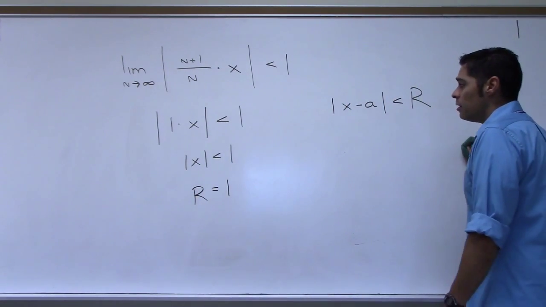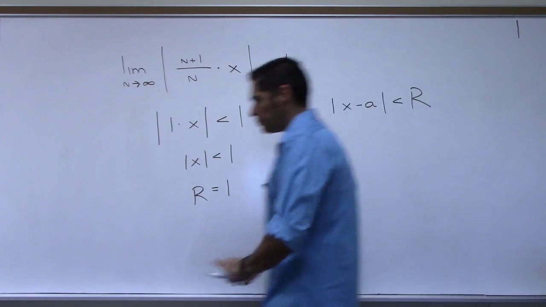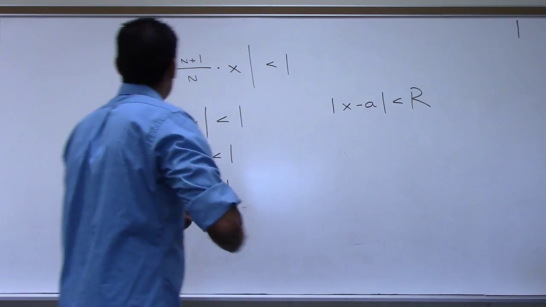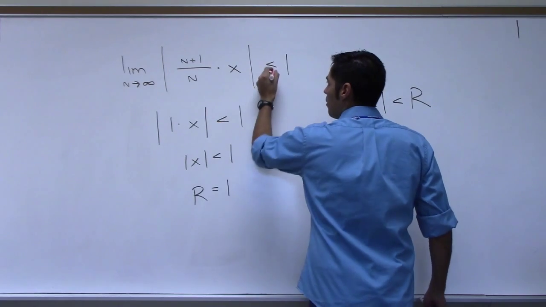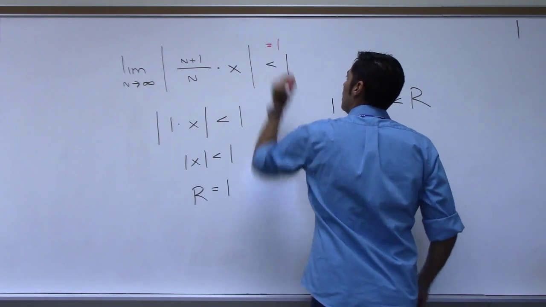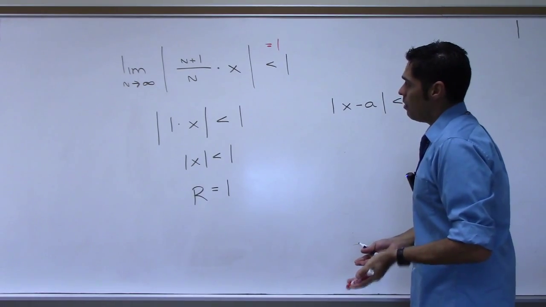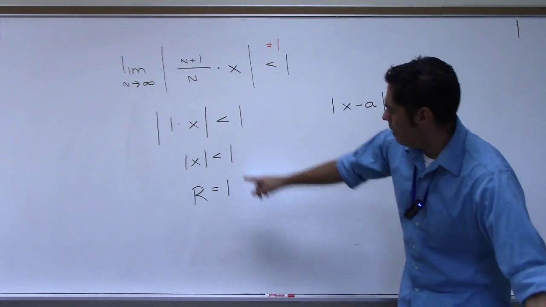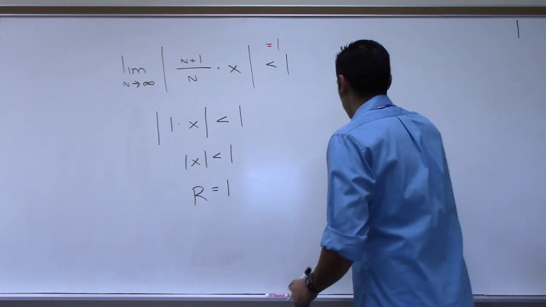Now, to find the interval of convergence, what I need to look at is what would happen if this limit were equal to 1. Remember, if this is equal to 1, the ratio test is inconclusive. So this is where we get our interval of convergence from.